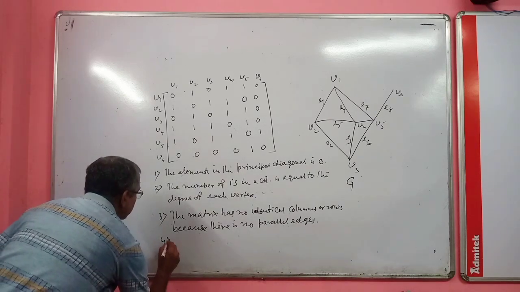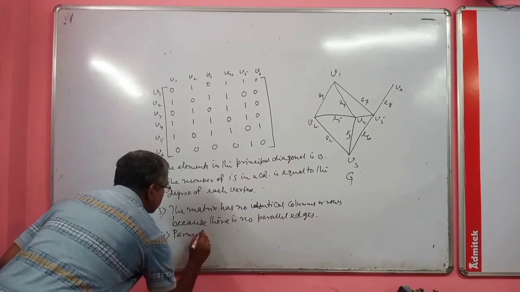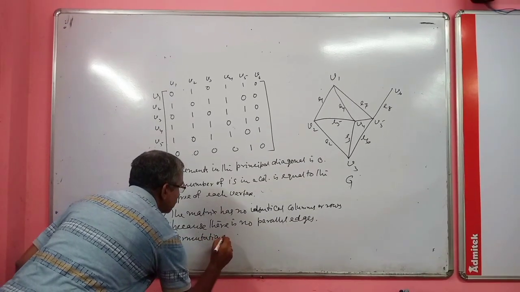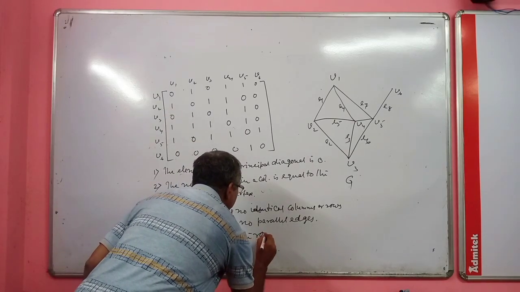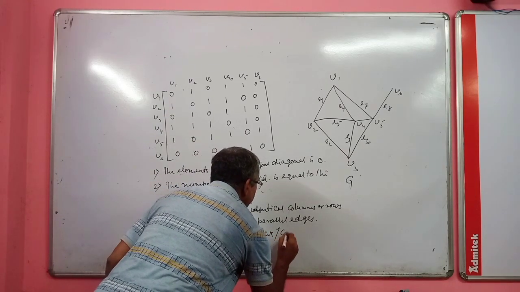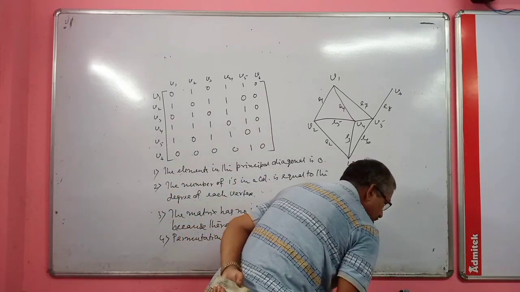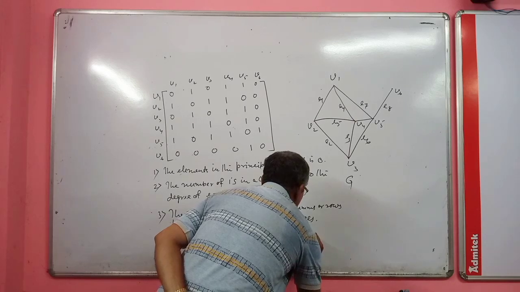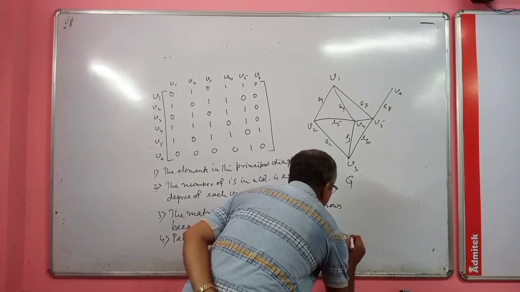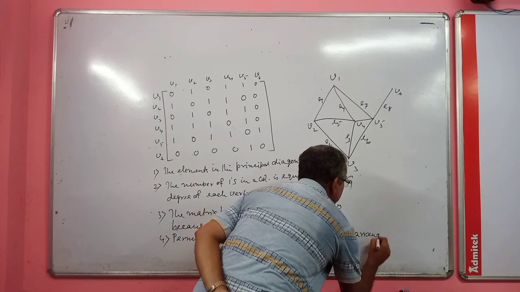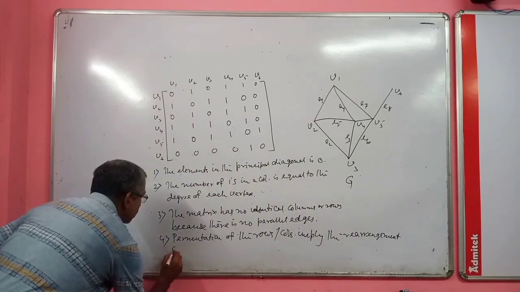Permutation of the rows or columns imply the rearrangement of vertices.